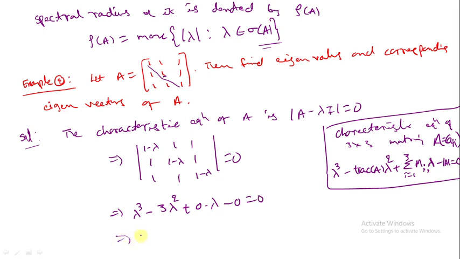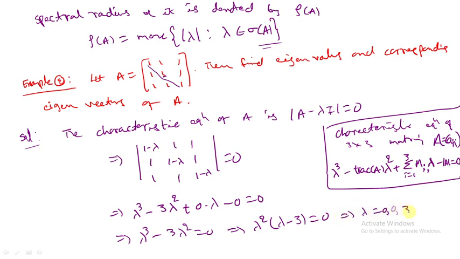That means lambda cubed minus 3 lambda squared equal to 0, so lambda squared times (lambda minus 3) equal to 0. That means lambda equal to 0, 0, 3.